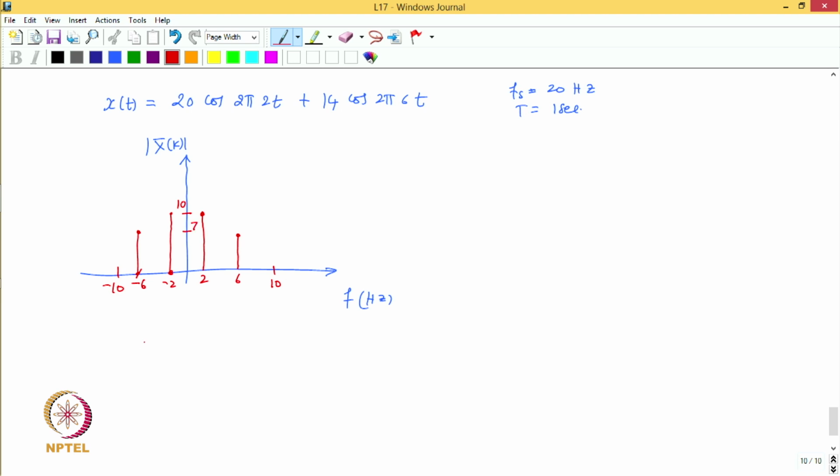So this is nothing but the two-sided DFT. We can call this a two-sided spectrum, a complex DFT, or two-sided DFT.